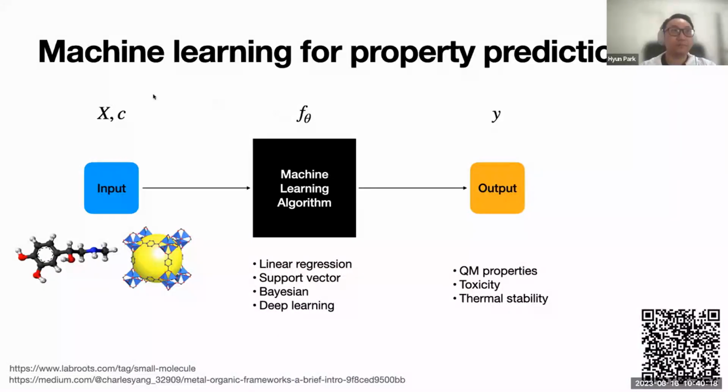Before I go further, the machine learning for property prediction, overall, has a very simplistic scheme like this. You start with some input X and the condition C. The input can be almost anything, but it can be bound by what kind of machine learning algorithms you are going to use.